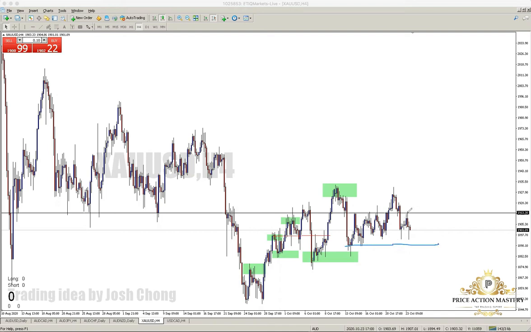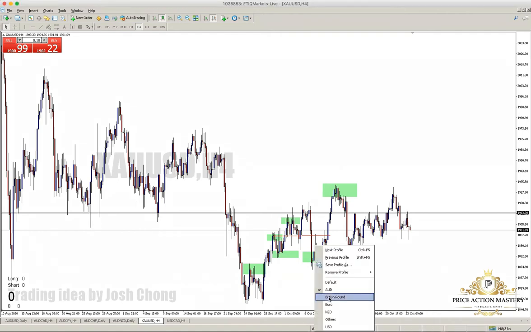But currently I can see the seller is in control, so I can expect the market to first retrace up to this level and we look for a short, just around this area. As you can see, if you don't exit around this area, you might experience this kind of thing: when the market drops, it gets pushed up. You might be scared off by this kind of market situation.